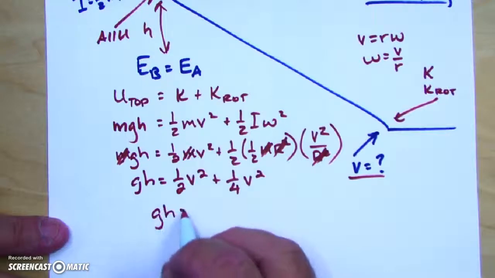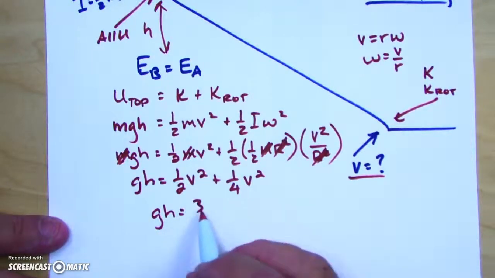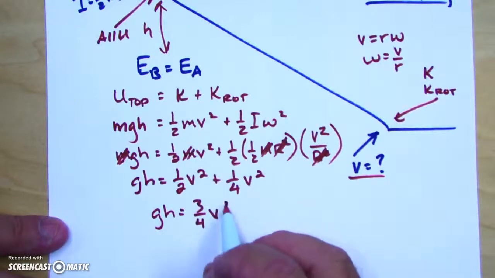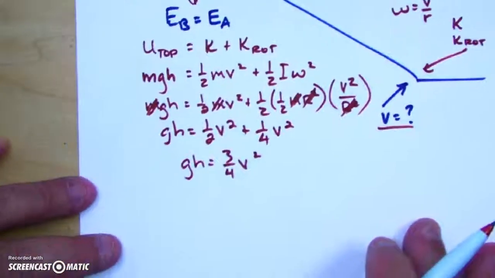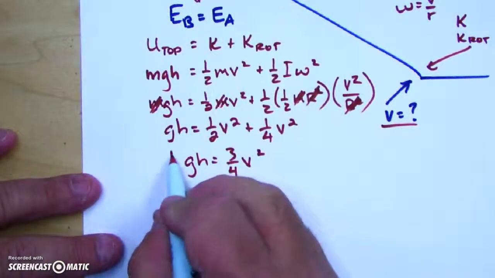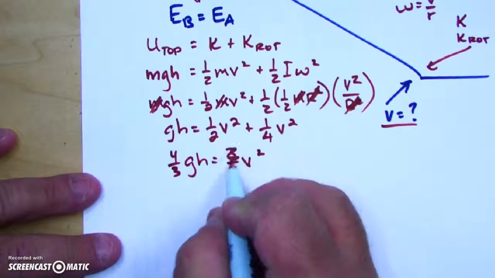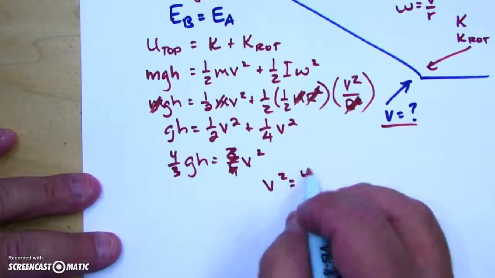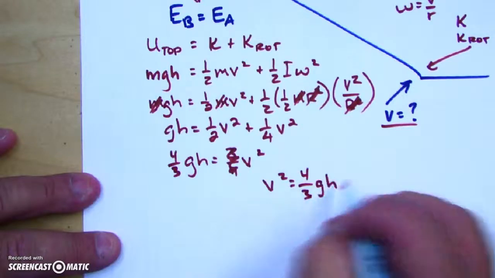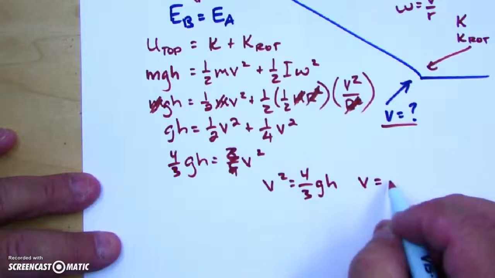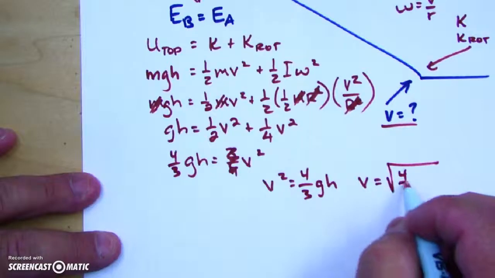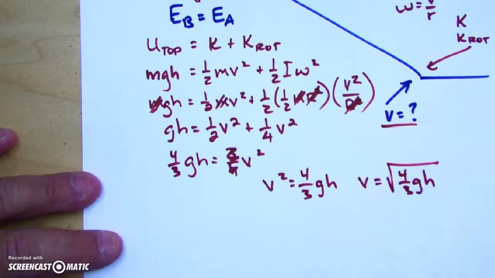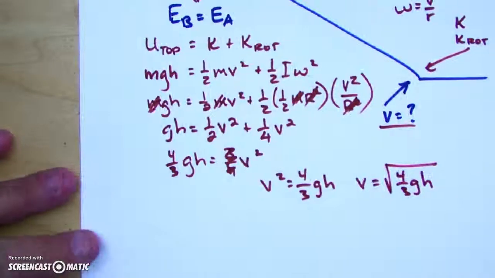So gh is equal to 3/4 v squared. To get rid of that, multiply by 4/3. I get v squared is equal to 4/3 gh. So therefore v is equal to the square root of 4/3 gh. So it's a new way to calculate it.